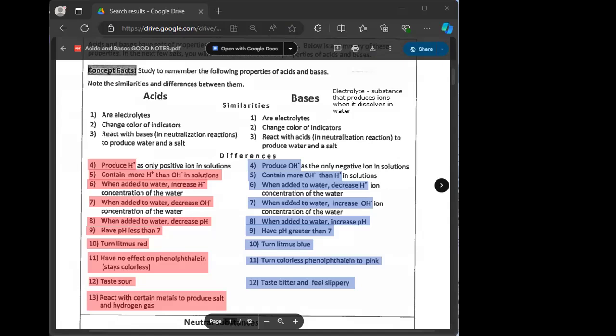And then bases taste bitter and feel slippery. So I just try to remember that the B in base is for bitter. And you can also remember that the B in base is for blue.